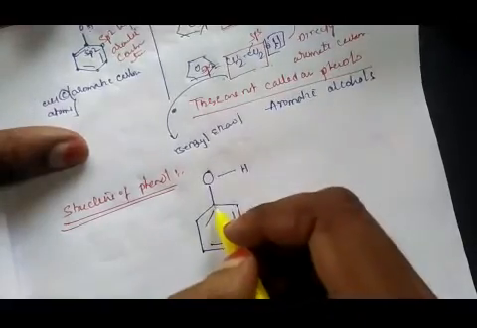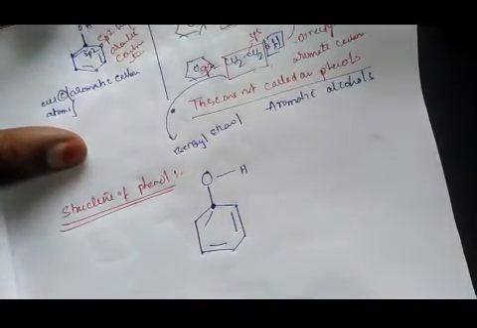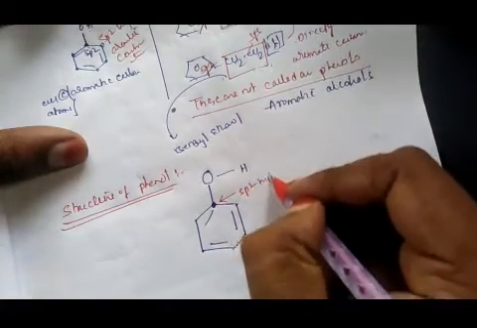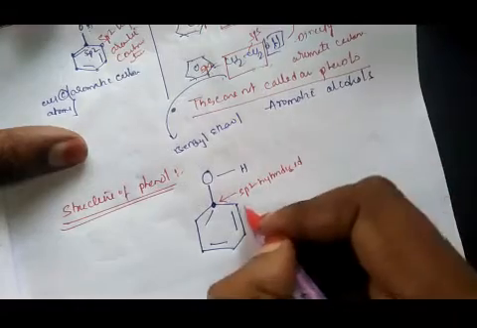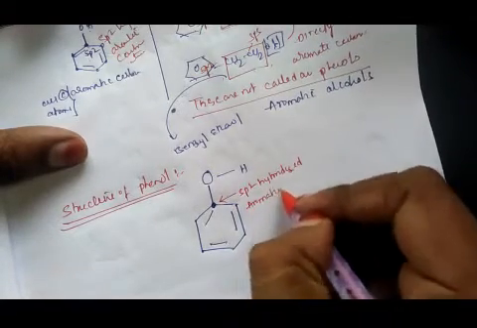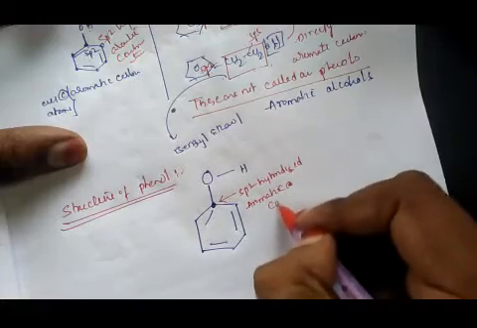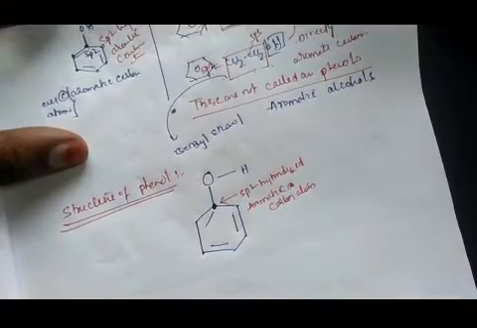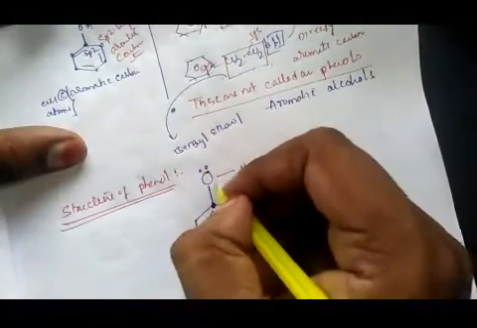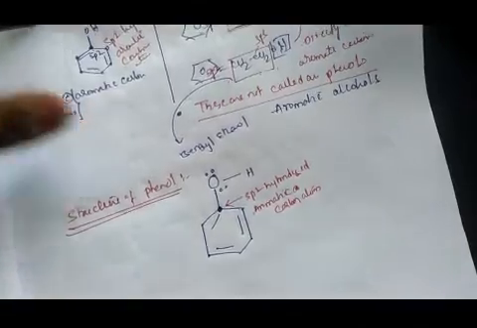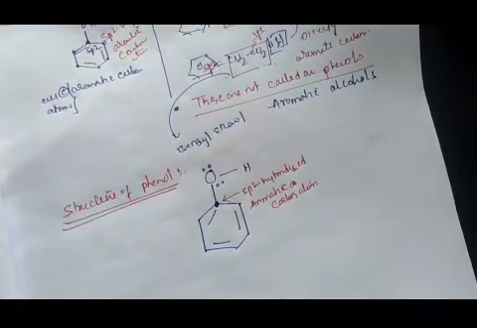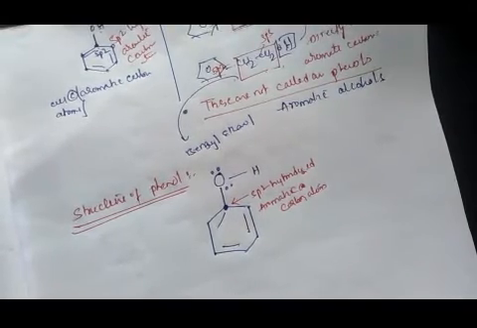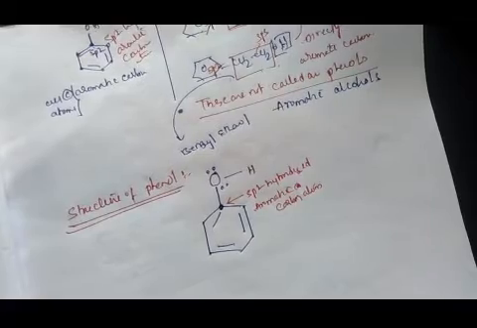This carbon atom is an sp2 hybridized aromatic carbon atom. Oxygen has two lone pairs of electrons. This is the structure of phenol.